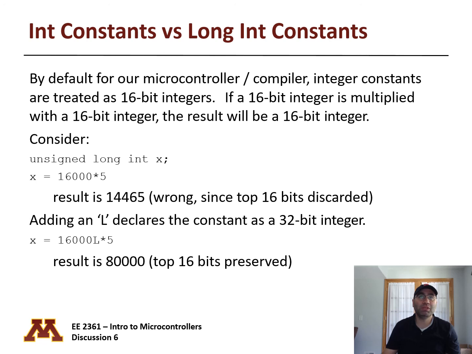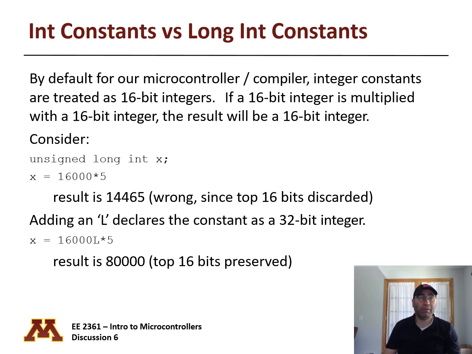If a 16-bit integer is multiplied with a 16-bit integer, the result will be a 16-bit integer. Even if you define this x as a long int, if you multiply these two, the result is going to be this, which is wrong, obviously, 14,465, because the top 16 bits are discarded.